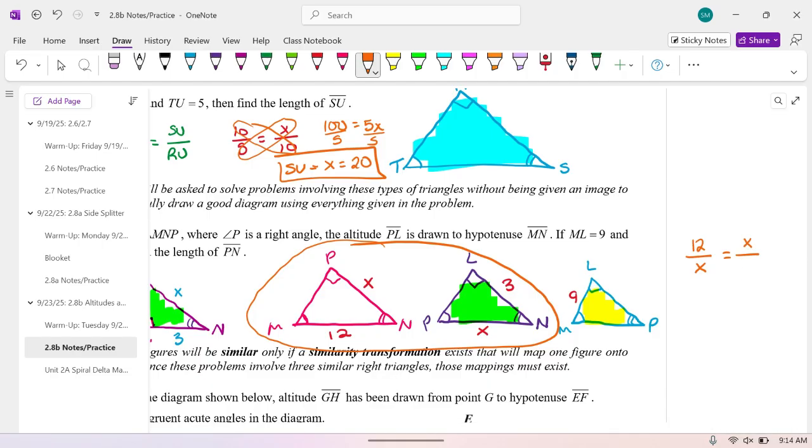What's its corresponding side on the green? 3. So if I cross multiply, X squared is equal to 36. What's the square root of 36? So X is equal to 6. So that means PN is equal to 6.